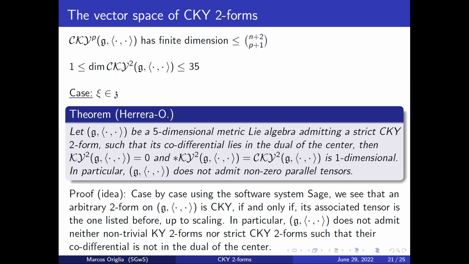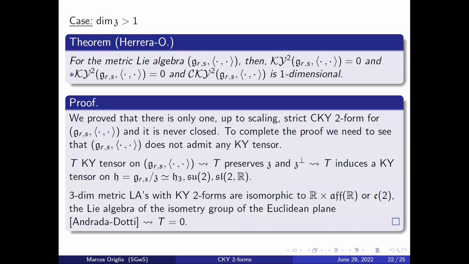Okay, and finally, what happened with the other case, when the dimension of the center is greater than 1? In this case, again, the dimension of the space of conformal Killing 2-forms is 1, but it's different because, same as the other example, the Killing 2-forms are not Killing, but here we do not have star Killing 2-forms.